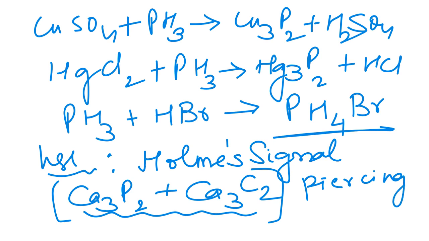So when it comes in contact with water, it reacts and it forms phosphine, and there is an explosion and the gases burn, and it serves as a signal. In this way you can use as a signal, and the name of the signal is Holme's signal.